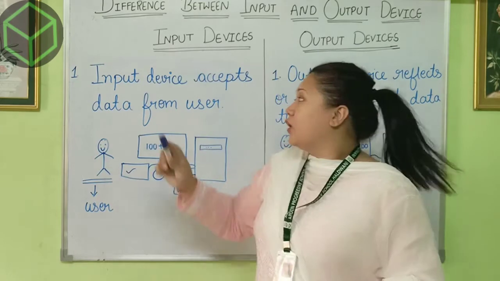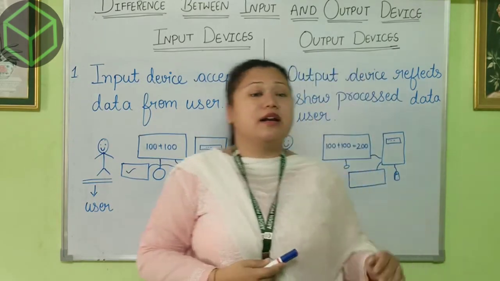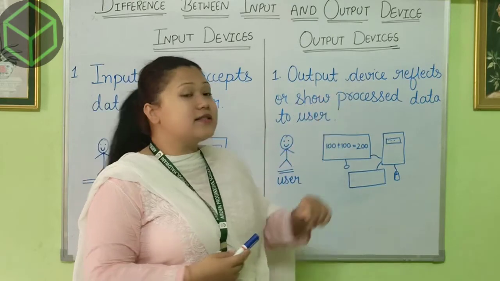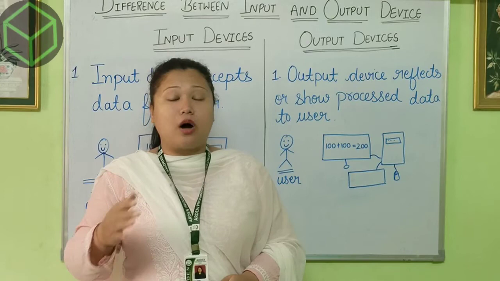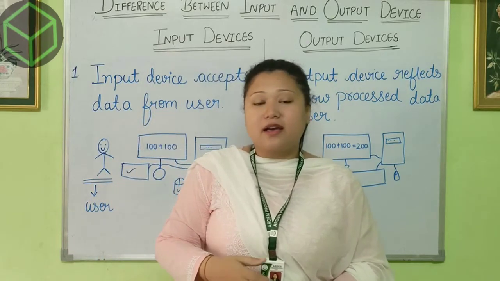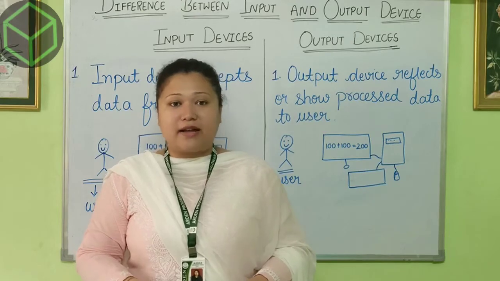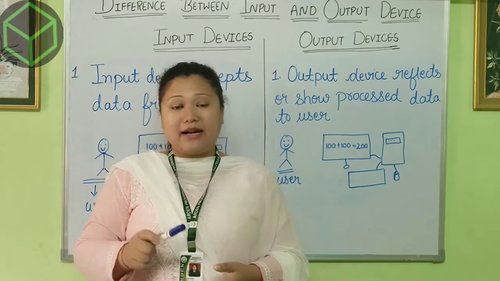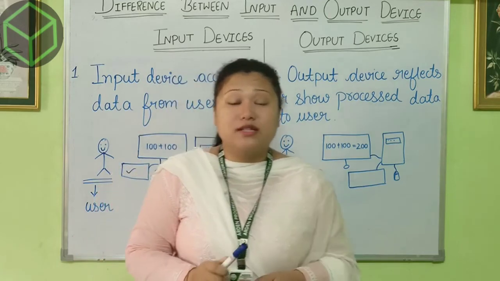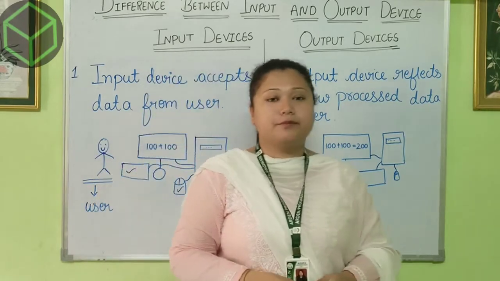So first, input device accepts the data from users, and output device reflects the processed data. Processed data means the data that you provided to the computer was solved inside the processing device and your answer was given back. So that answer is called processed data to the user. Okay.